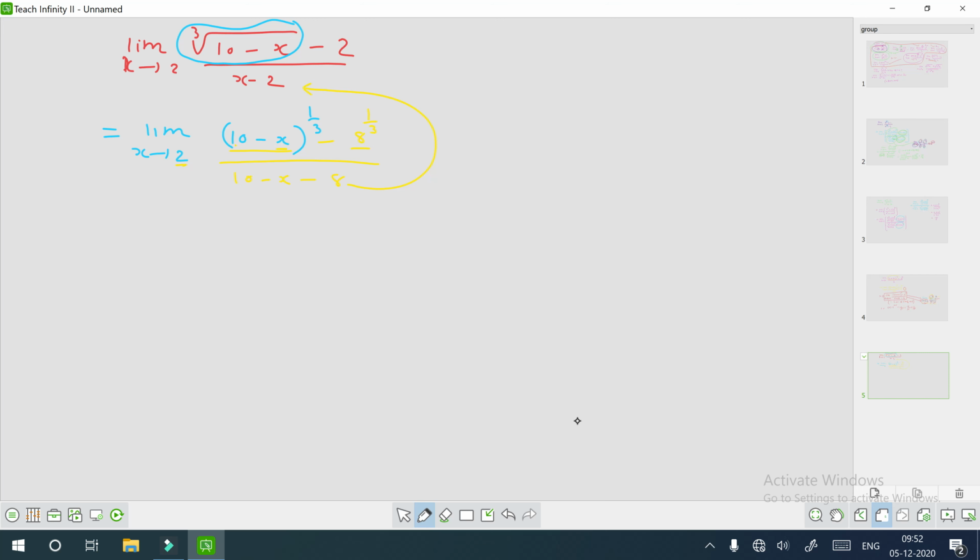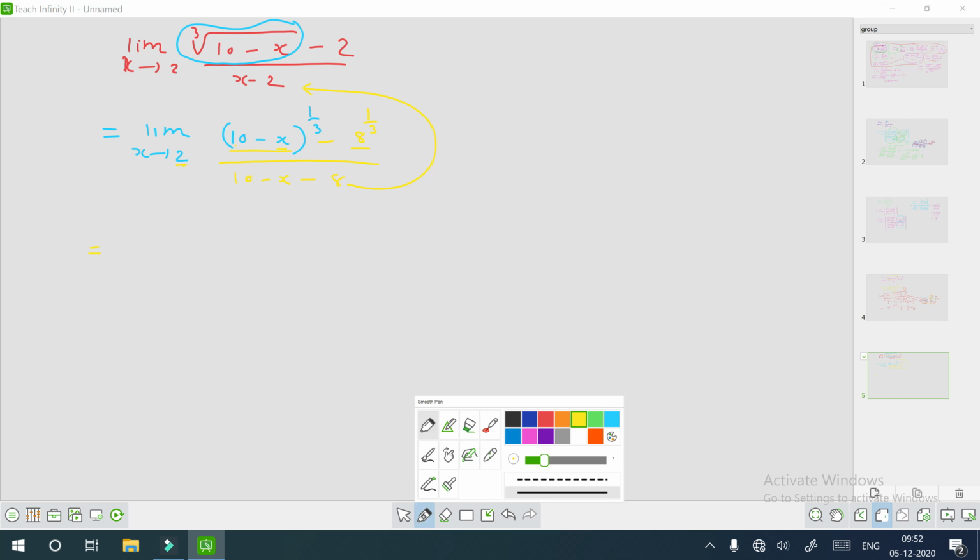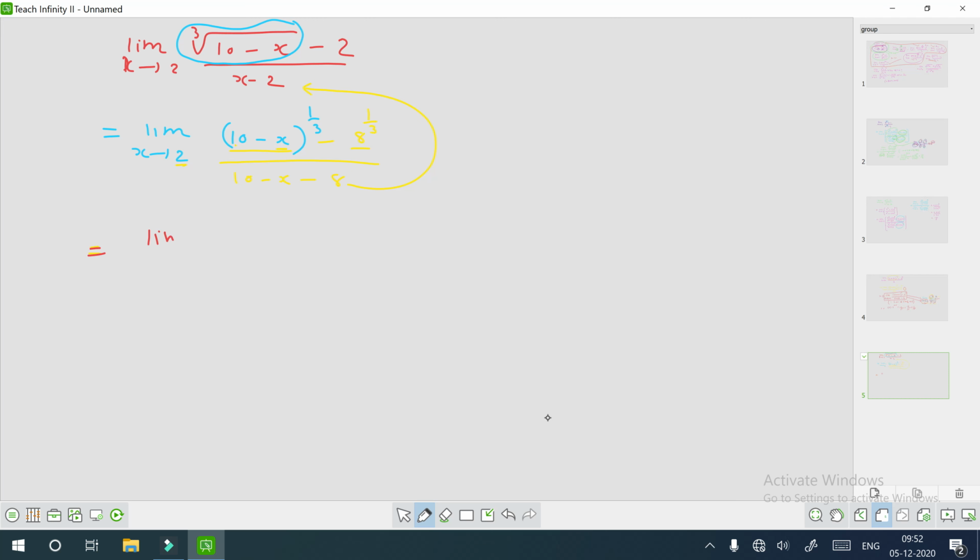But the actual step is limit of variable raised to n minus constant raised to n over variable minus constant, at that time variable tends to constant. Put reason: x tends to 2 implies 10 minus x tends to 8.